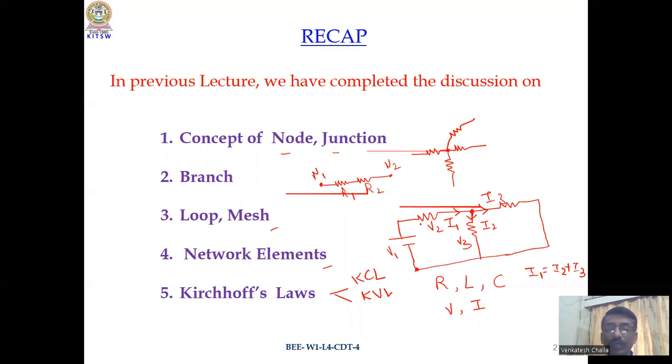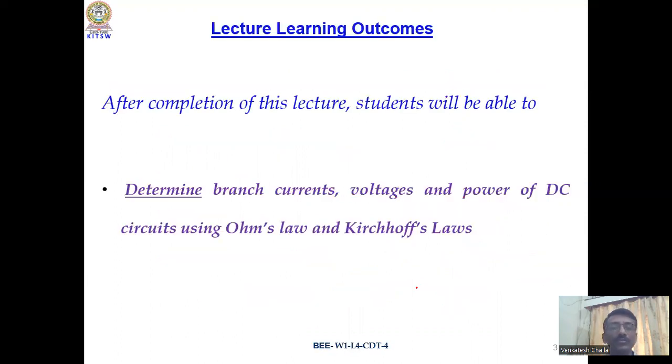So V1 minus V2 minus V3 is equal to 0, because if you travel through all these voltages, you come back to the original point. So there is no potential difference between the start point and the end point, and hence V1 minus V2 minus V3 is equal to 0. This is what we have understood, and based on these ideas, we will try to solve some numerical problems.